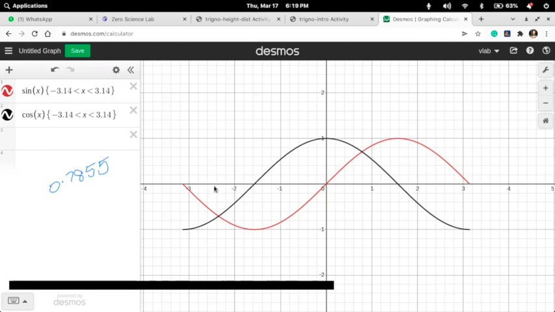Sir, approximately it will become 0.786. This is in radians. I am asking in angle, that is in degrees. Can you quickly convert this into degrees? 0.7855 radians is equal to how many degrees?